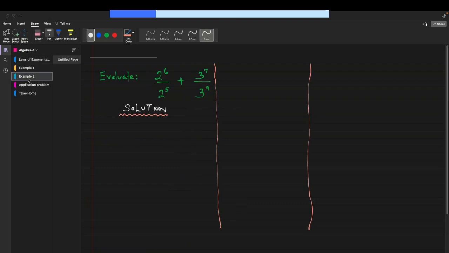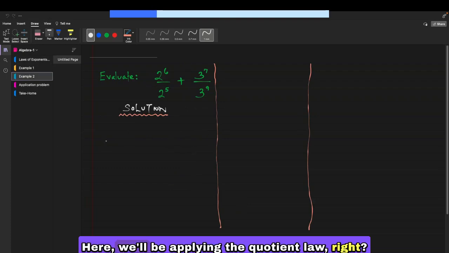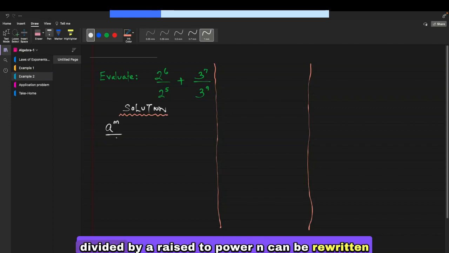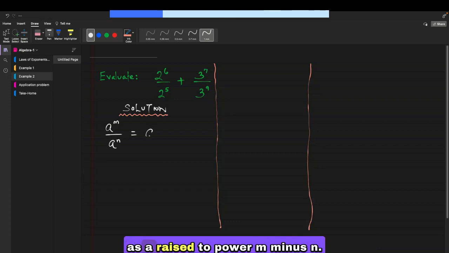Example 2. Here we'll be applying the quotient law. The quotient law states that a raised to the power m divided by a raised to the power n can be rewritten as a raised to the power m minus n.